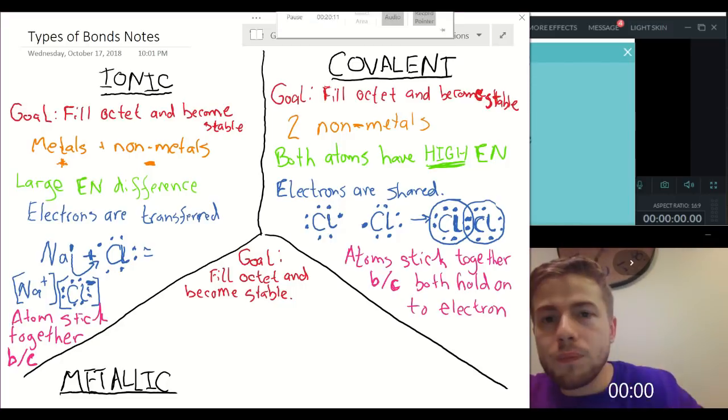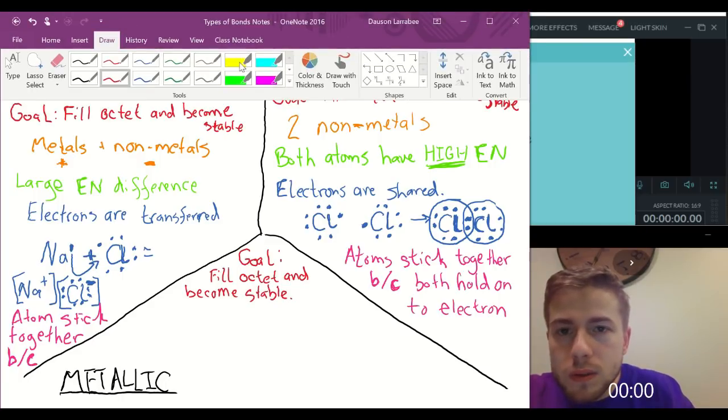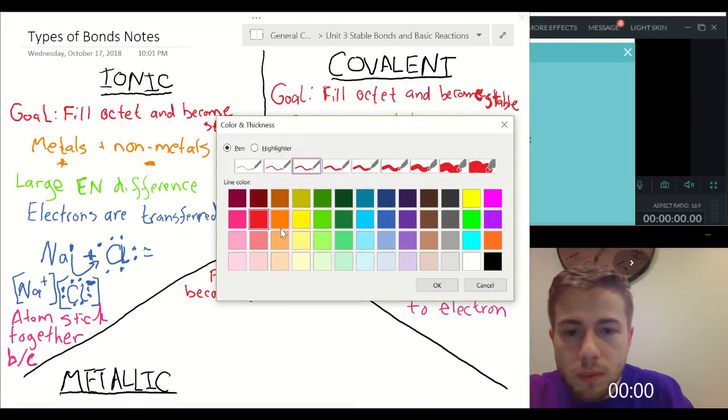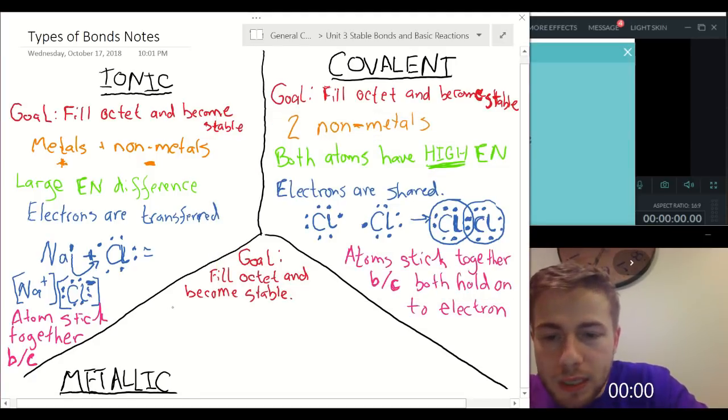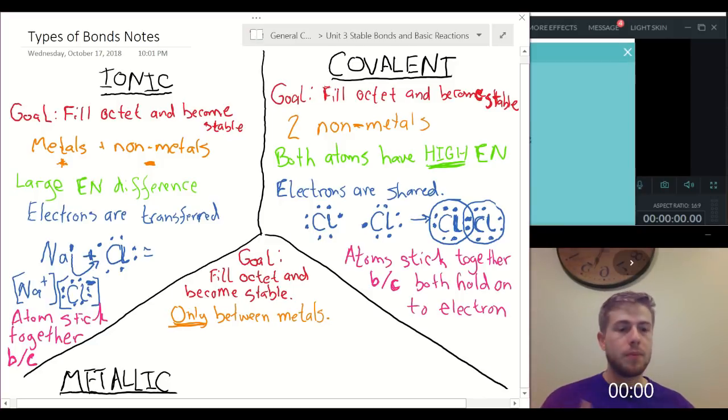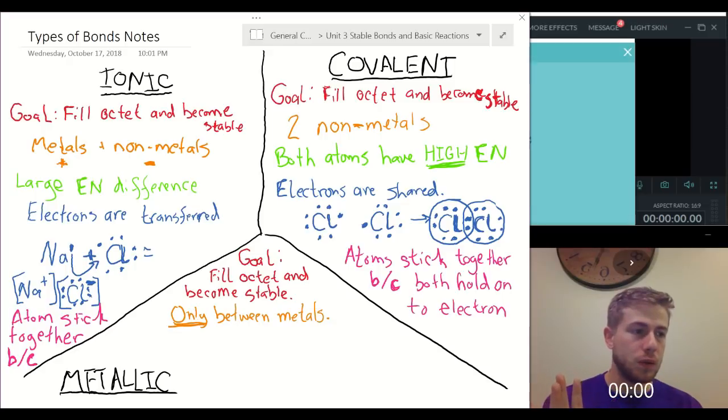Okay, so metallic bonds happen only between metals. Metallic bonds only happen between metals that have a low electronegativity and a pretty loosey-goosey hold.